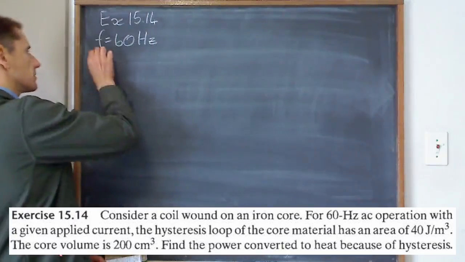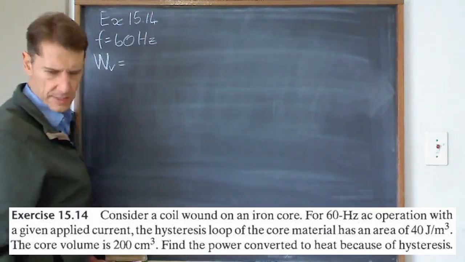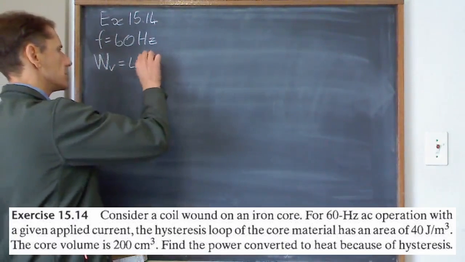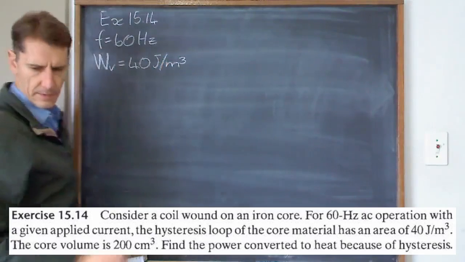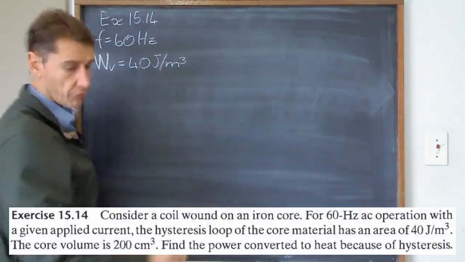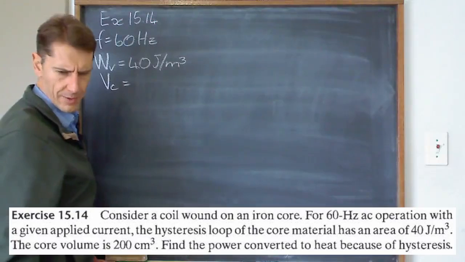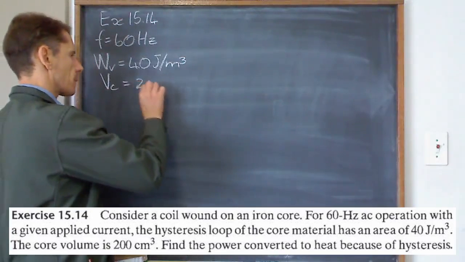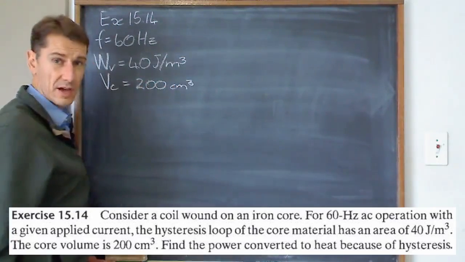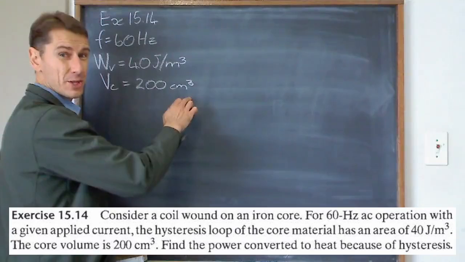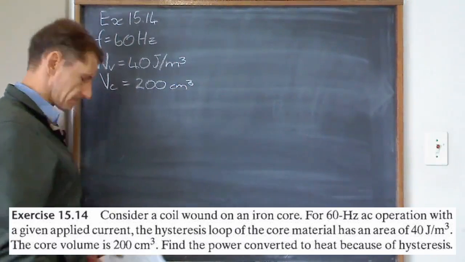It's actually W_V that they give us: the energy density is 40 joules per cubic meter. And then they give us the core volume, V_C. The core volume is 200 cubic centimeters. Now, cubic meters, cubic centimeters, we're going to fix this just now.